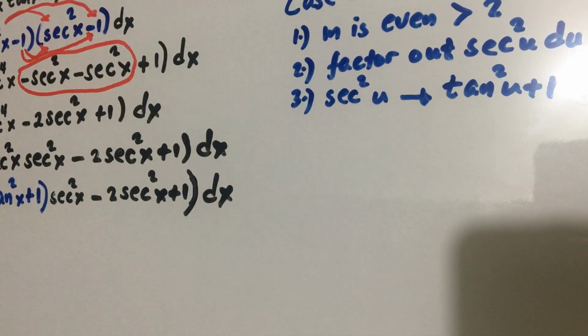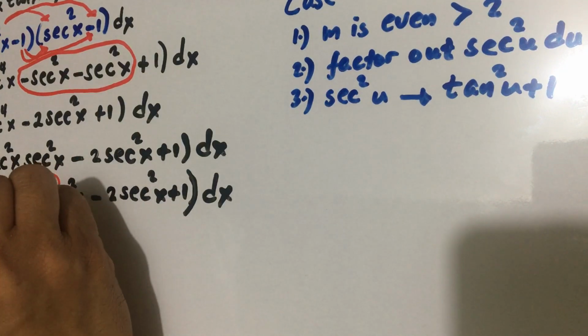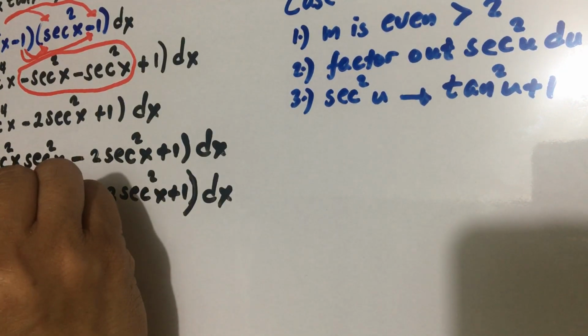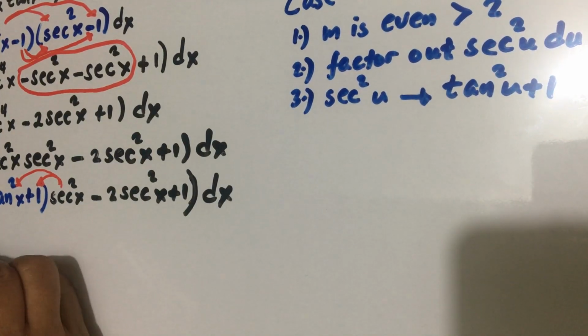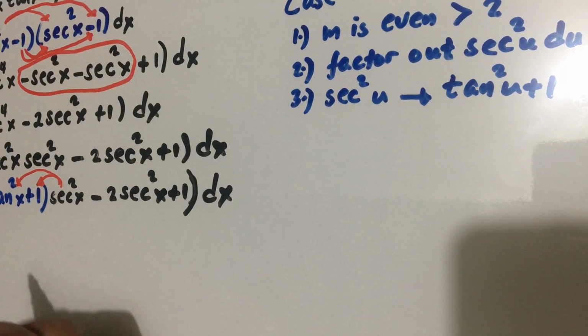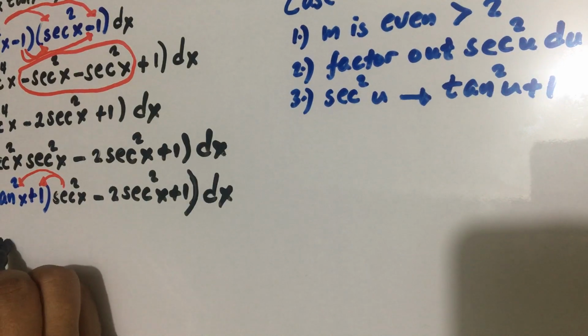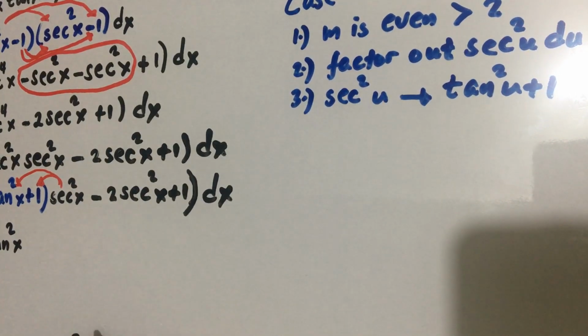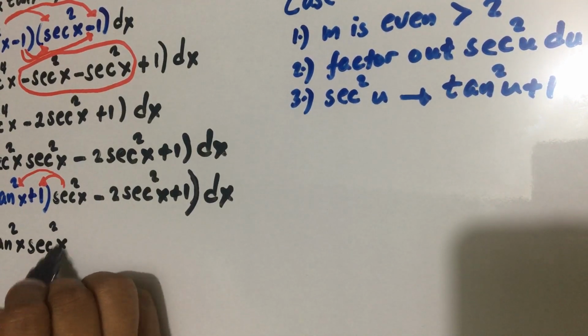Okay, then distributing secant squared x, this one distribute to the first term, multiply to the first term and also the second term. So we have now the integral of tangent squared x times secant squared x.